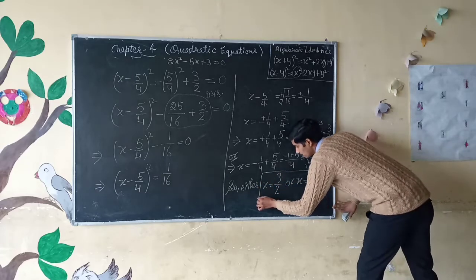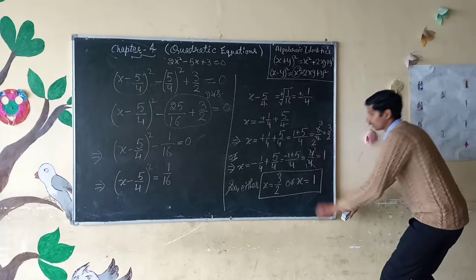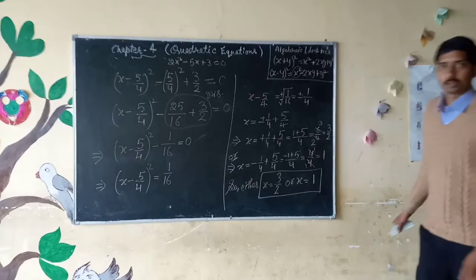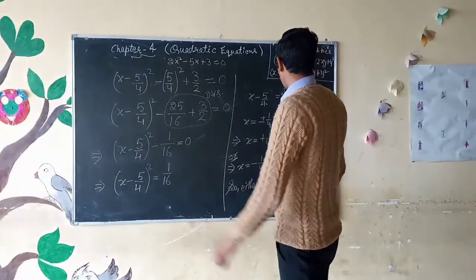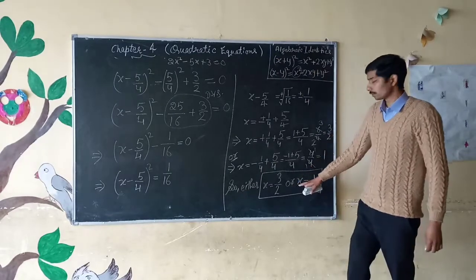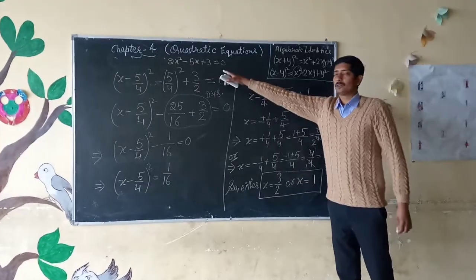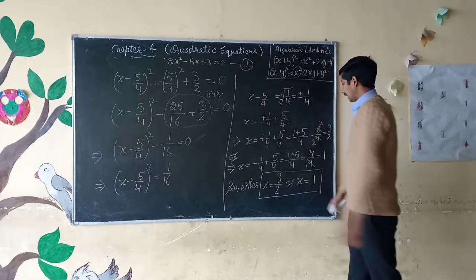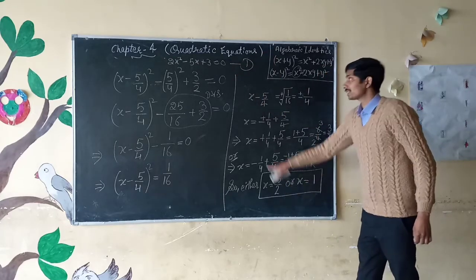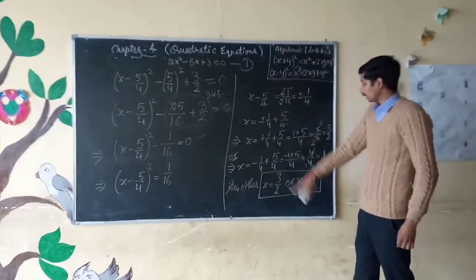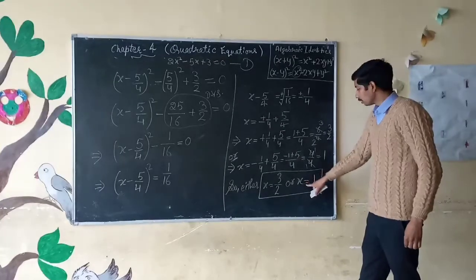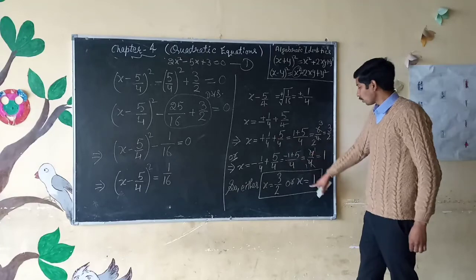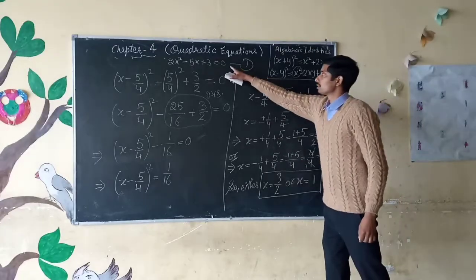Now it is to verify. So verification you will do yourself. How? First of all, put the value of x in this quadratic equation as 3 upon 2 and check what will happen. And then next, put the value of x equals to 1 in this equation.